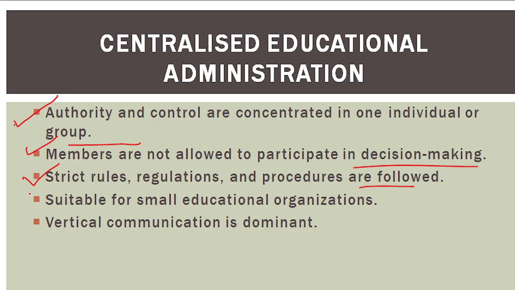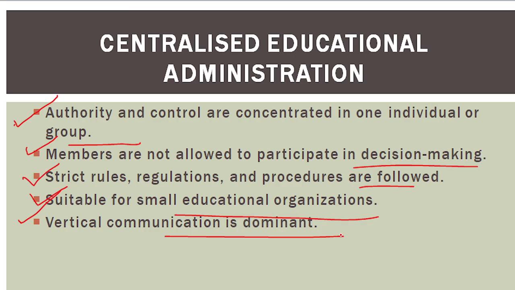It is suitable for small educational organizations, and vertical communication dominates here. So centralized educational administration is all about authority in one person. There will not be any kind of participation, autonomy, or flexibility.